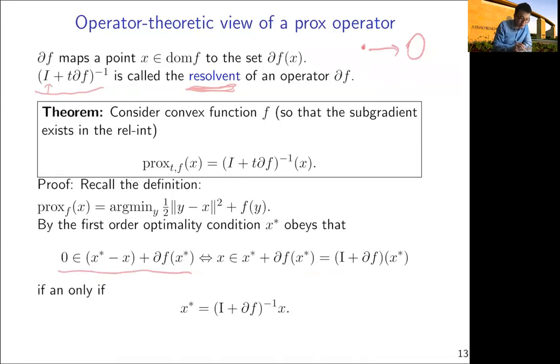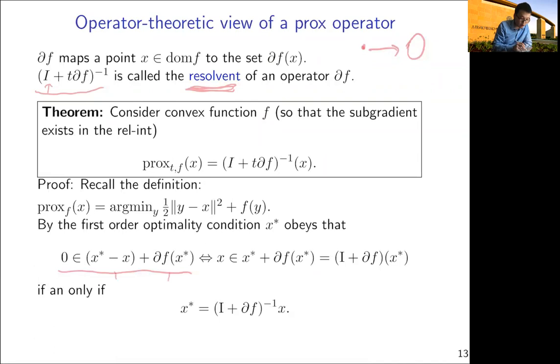By the first order optimality condition, if X star is optimal, then it satisfies this property: you substitute Y to be X star into here, you take the subdifferential, and then 0 needs to be within the set of the subdifferential.